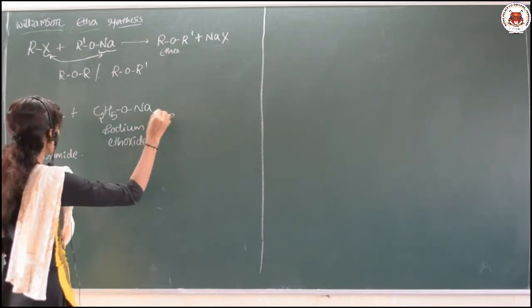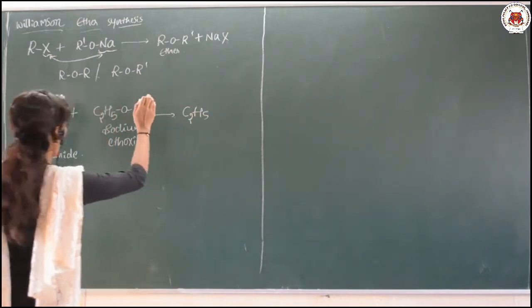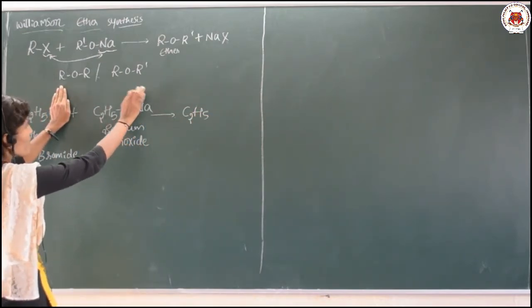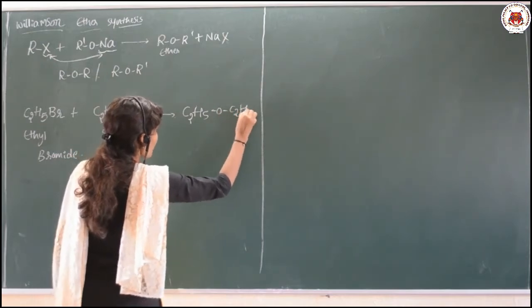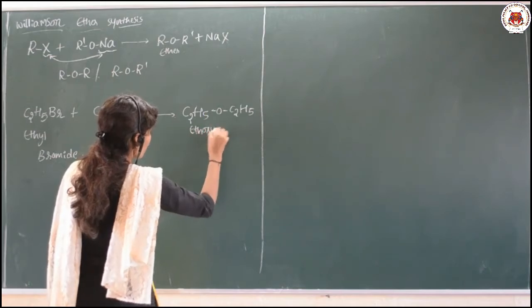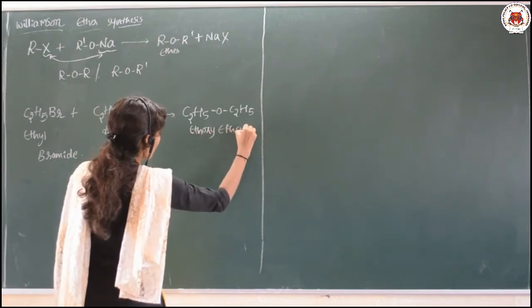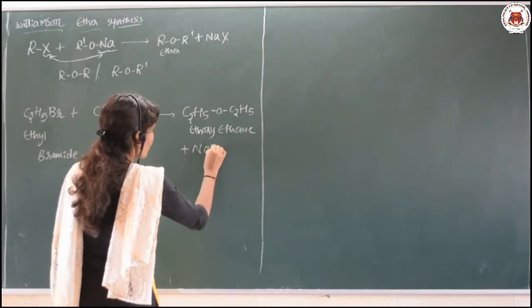So what will it form? NaBr you can remove. What else remains? C2H5O C2H5, ethoxyethane. Ethoxyethane is the name of this compound, with the release of the NaBr.